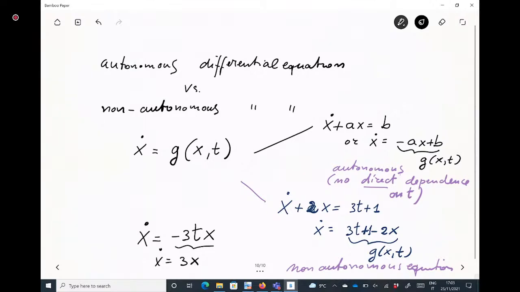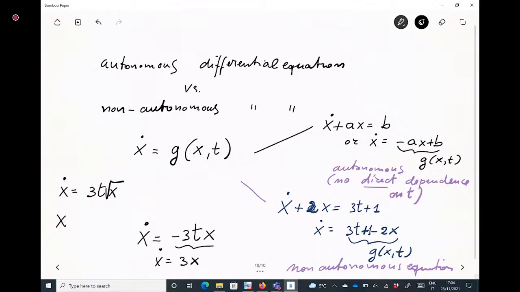Clear? Okay, so it has nothing to do with linear or non-linear, because here you have a case of linear autonomous, linear non-autonomous. This is again linear in x, but it is a linear equation that is non-autonomous. This is a linear equation which is autonomous. This is, for instance, a non-linear equation. It's not linear, and it is non-autonomous.